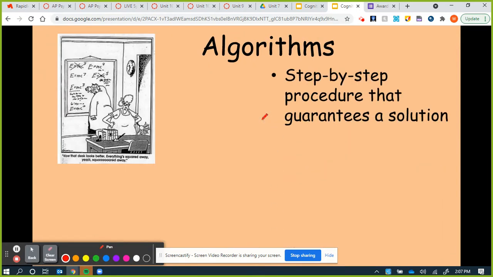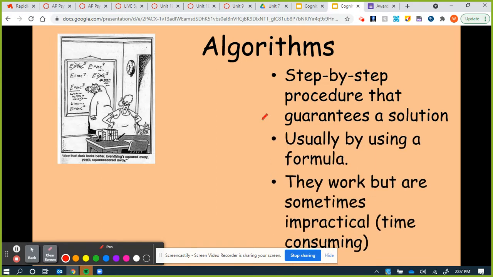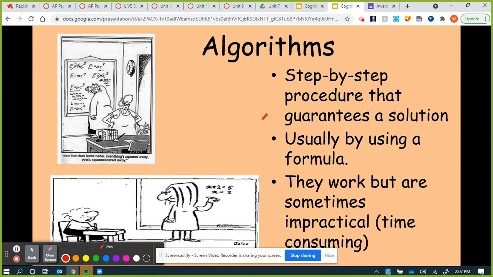All right, how do we solve problems? A couple different ways. Algorithms. An algorithm is a step-by-step procedure for solving a problem that, if we do it correctly, we will get the right answer each time. It's usually a formula. An example of an algorithm is the quadratic equation.